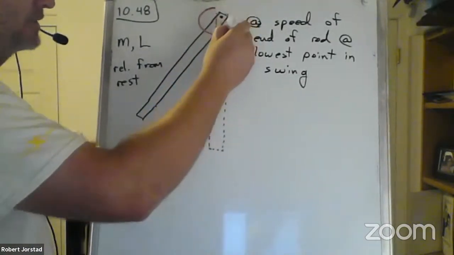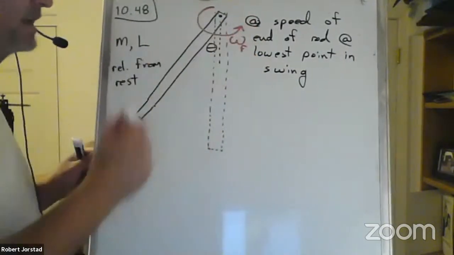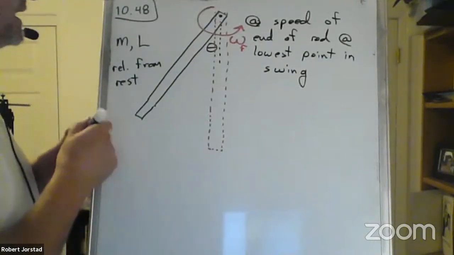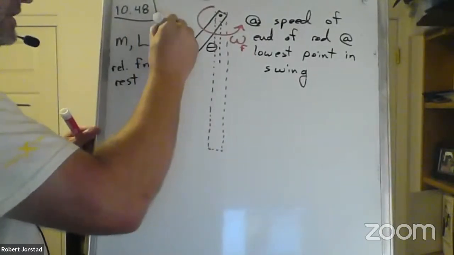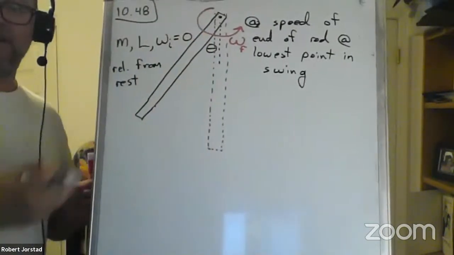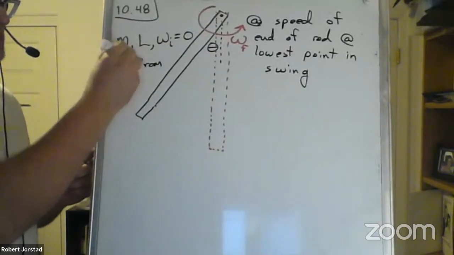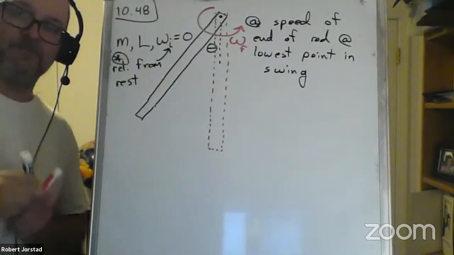And I'm going to draw a curved arrow like this to indicate that there's some final rotation rate. I'll call that omega final. Now we know omega initial equals 0 because it was released from rest. That's what gives us that piece of information. Released from rest tells us that omega initial is 0.